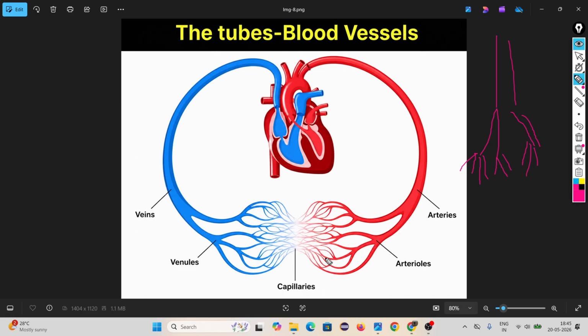Same thing, a vein is divided into some sub blood vessels called venules. Venules are divided into small blood vessels called capillaries.